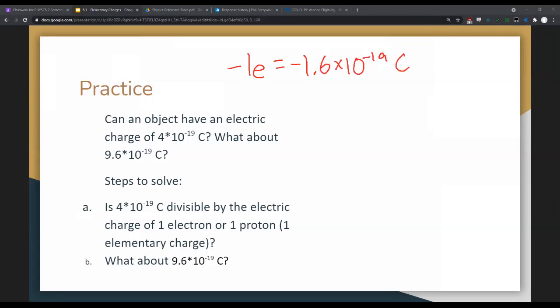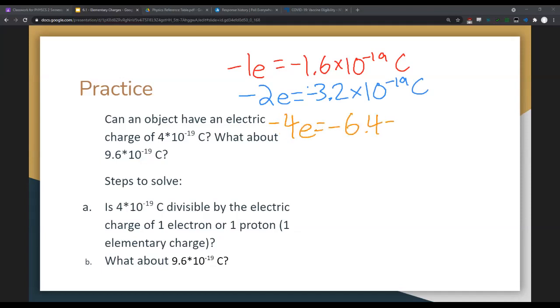Well, the charge of one electron is -1.6 times 10 to the -19. Then 2 electrons are going to have a charge of -3.2 times 10 to the -19 coulombs. And 4 electrons are going to have a charge of -6.4 times 10 to the -19.